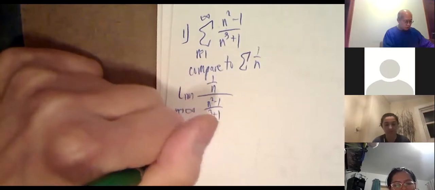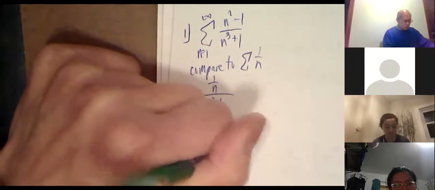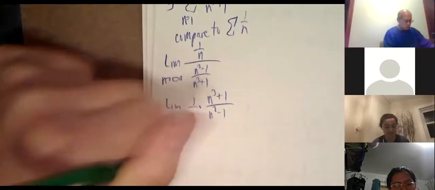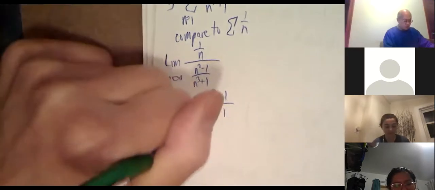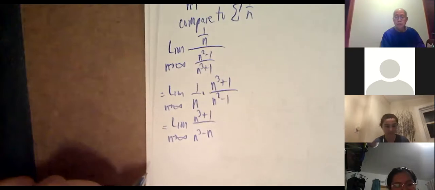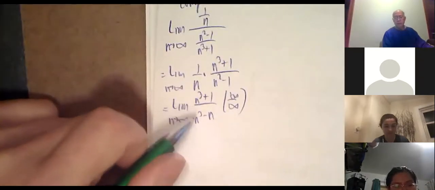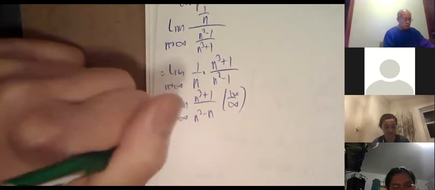So the limit as n approaches infinity of (n cubed plus 1) over (n squared minus 1) times n, which is (n cubed plus 1) over (n cubed minus n). L'Hopital's rule would work, since it's infinity over infinity. Or you could play the trick of dividing top and bottom by n cubed. But anyway, let's use L'Hopital's rule.